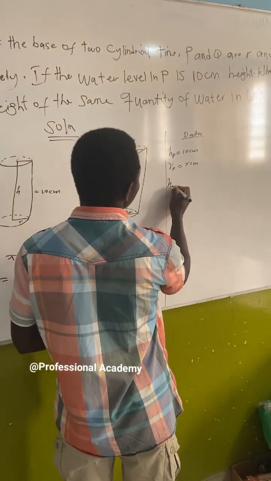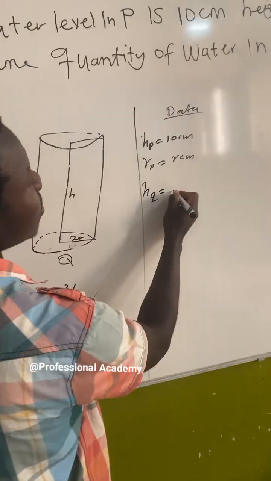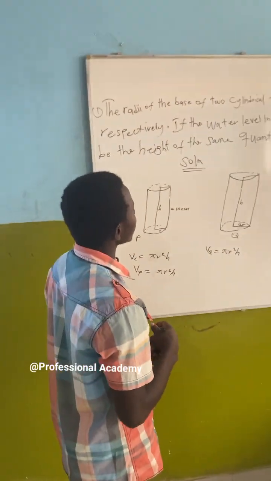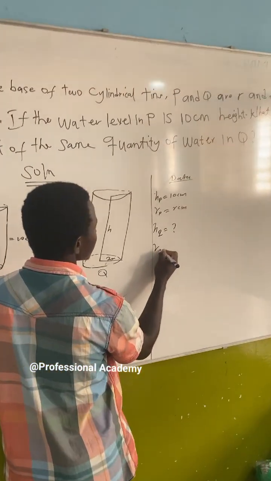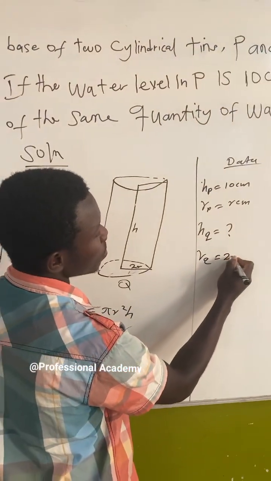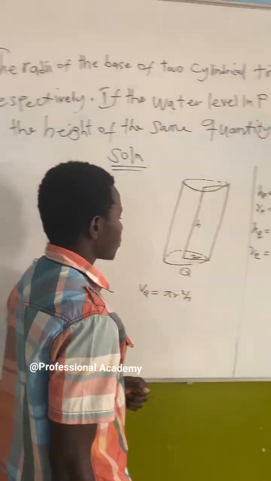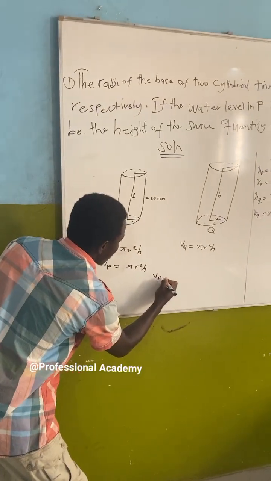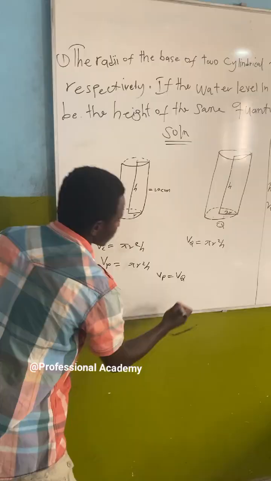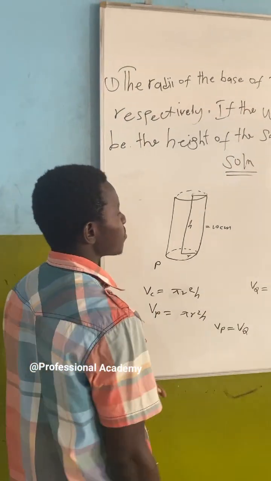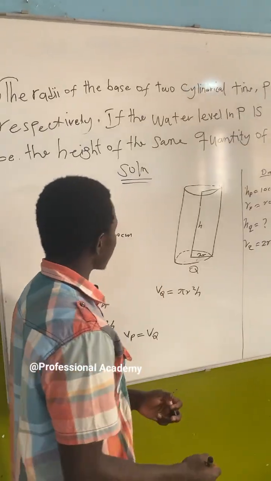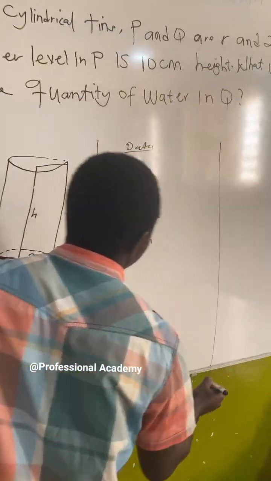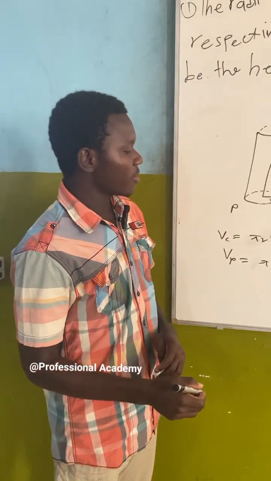The height of Q is not given, but the radius of Q is given to be 2r centimeters. Now, since the volume of P is equal to the volume of Q, if we equate them, we will have the height of Q.